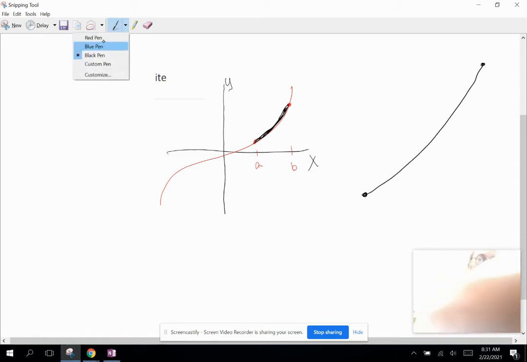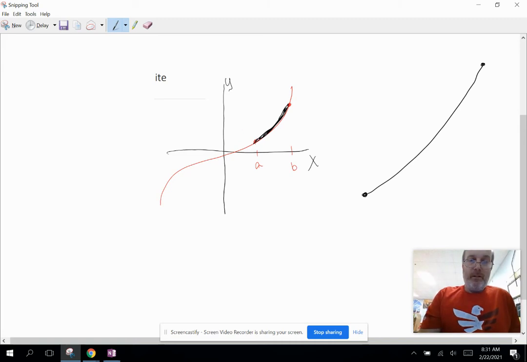Because effectively what we're doing is looking at very small pieces of that curve. And even smaller than this, infinitesimally small little pieces of the curve is what we want to break this into. Little small pieces.